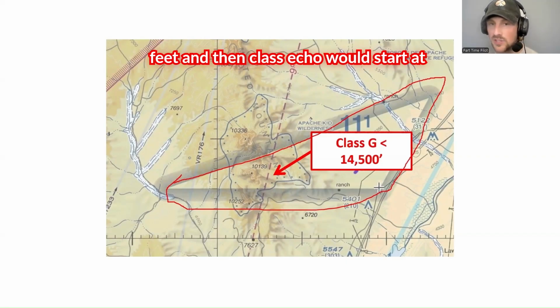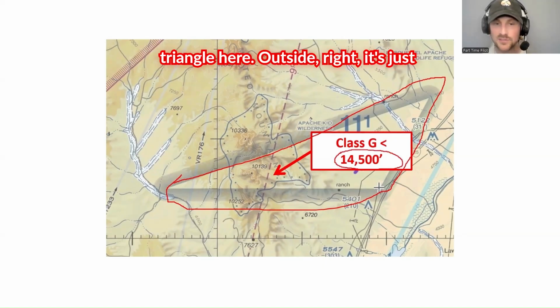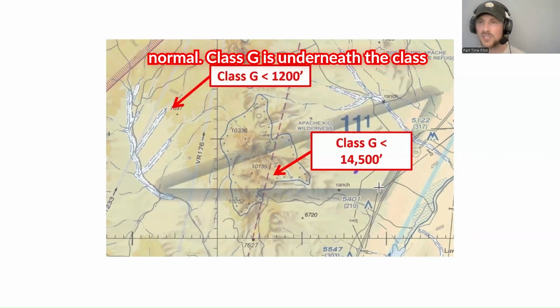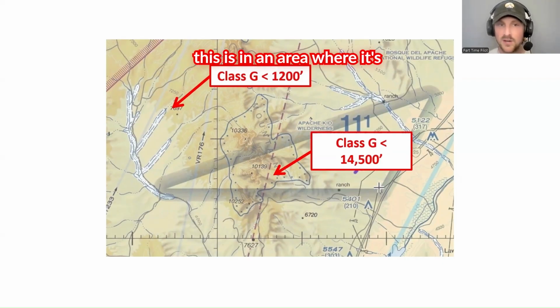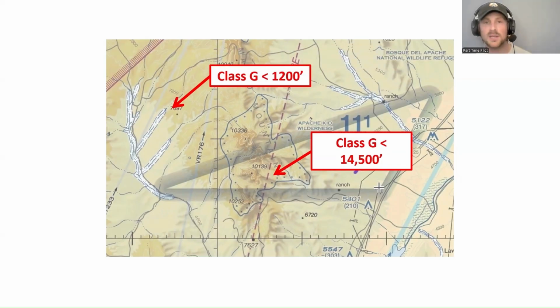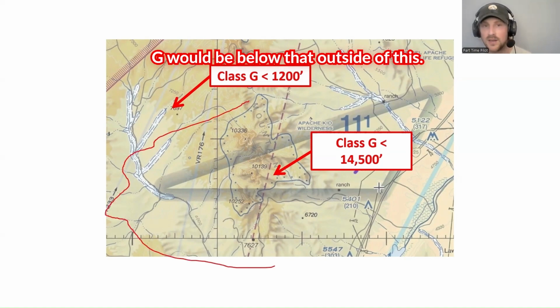And then Class Echo would start at 14,500 feet inside this triangle here. Outside, it's just normal. Class G is underneath the Class Echo. So I'm guessing that this is in an area where it's on the 1,200 feet Class Echo line, so Class Echo starting at 1,200. So Class G would be below that outside of this.